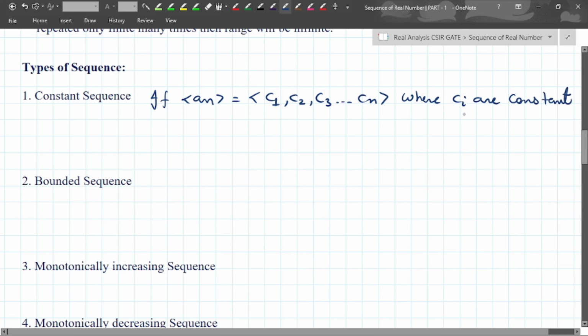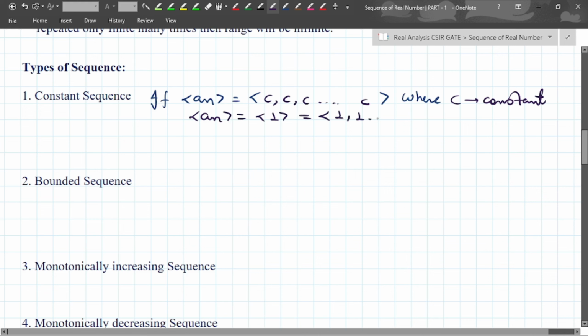I'm just going to define it like this: C, C, C up to C, where C is constant. For example, an is the sequence 1, 1 up to 1. This is the constant sequence. Only one term will repeat infinitely many times. That is the constant sequence.